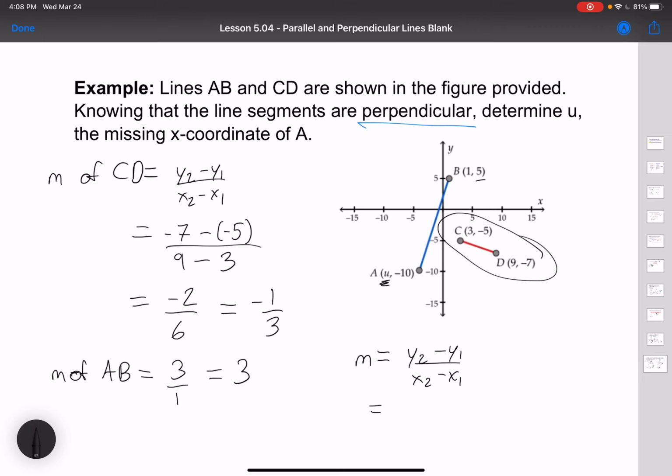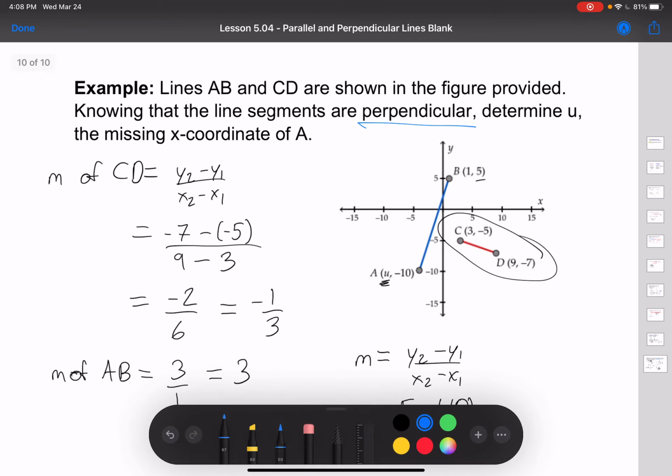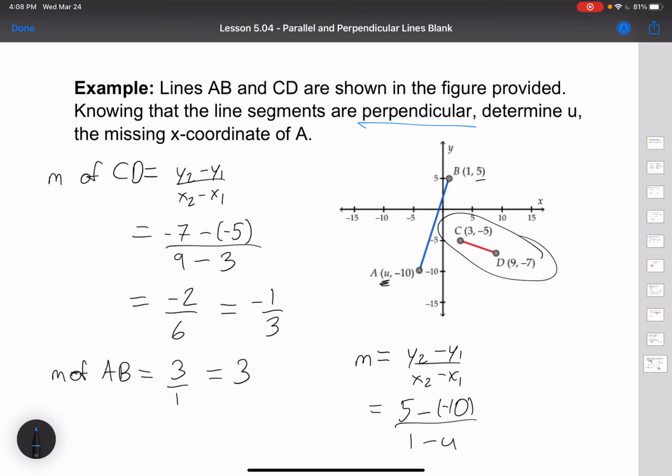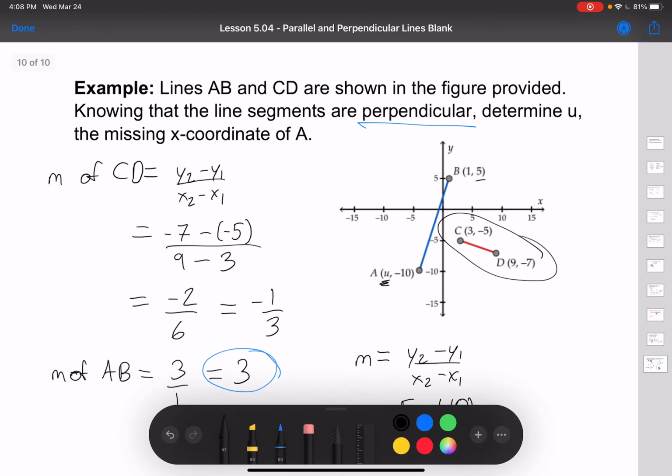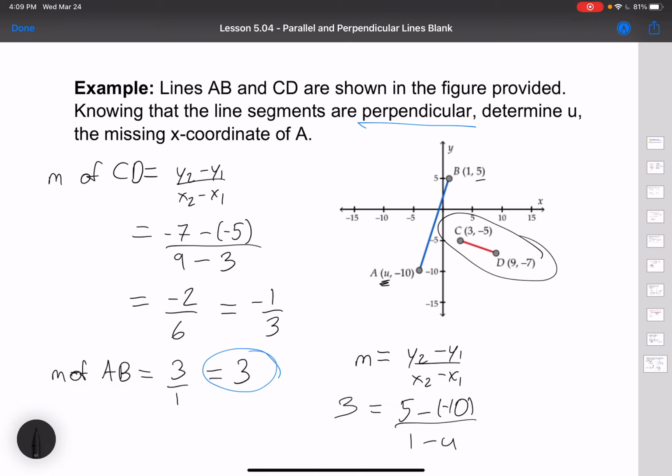So let's start with 5 minus -10 all over 1 minus u. Okay, so what's u? We don't know. But because we've already done this work about checking it's perpendicular to CD, we know that this fraction should equal 3. So we can set this entire thing equal to 3. And now we can actually solve for u.